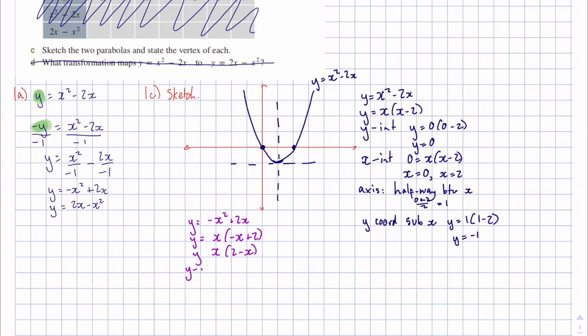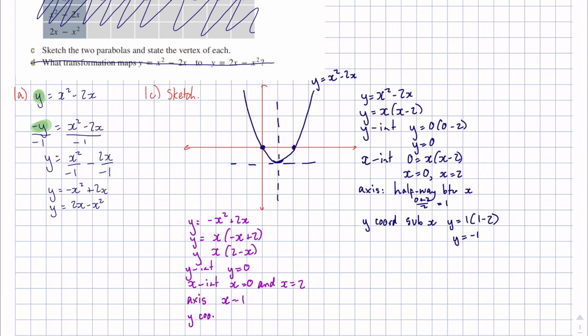So y-intercept, x equals 0, so y equals 0. X-intercept, x equals 0, and x equals 2. Axis, halfway between, x equals 1.